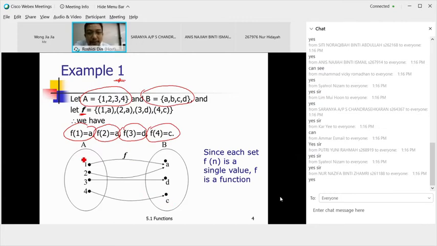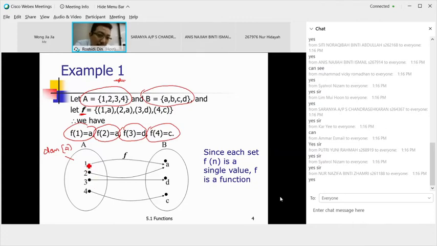In other words, we can see that A is actually the domain. Okay, in A, at least we have one mapping going out. All the elements must have one, cannot be more.